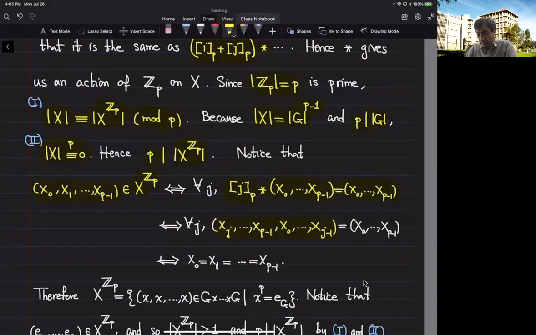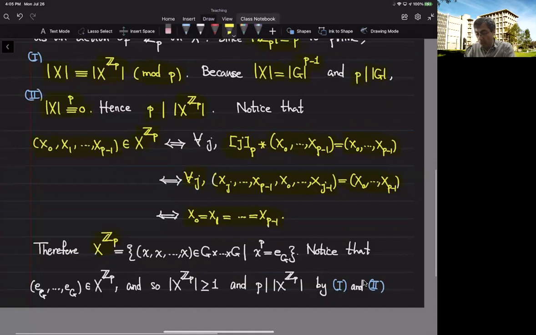And still, this is supposed to be the same as the old one. That means x sub j should be the same as x sub 0, and the other x_i's should be the same after I shift them by j. But this is true for every j. So x sub 0 is supposed to be x sub 1, is supposed to be x sub 2, is supposed to be x sub p minus 1. So all these x_i's are supposed to be the same thing. So this is in the fixed points if all the components are equal.